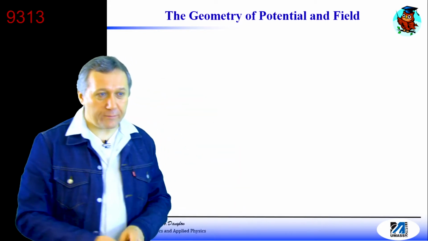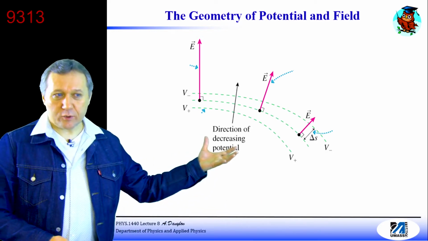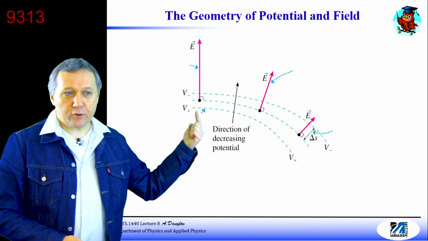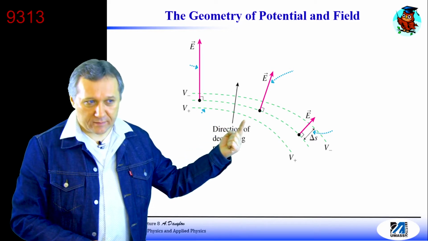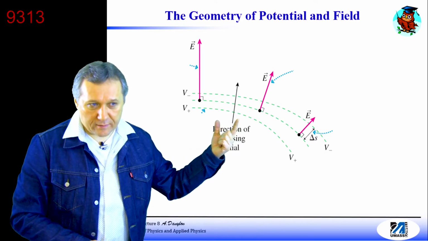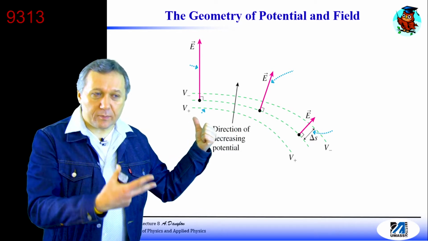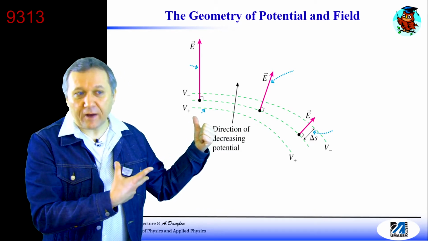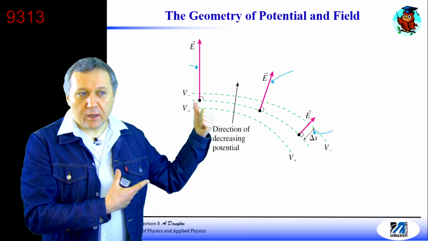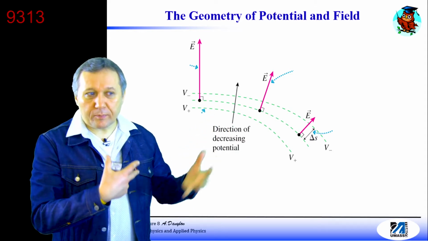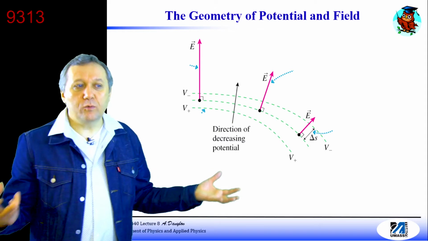So what if we have, for example, a picture like this? I took it from the book. You see, we have a bunch of these green dash lines, equipotential lines. Right? You see here V plus, it means that here potential is higher, maybe let's say 5 volts. And here V minus, it's a line where potential is lower, maybe let's say 2 volts.